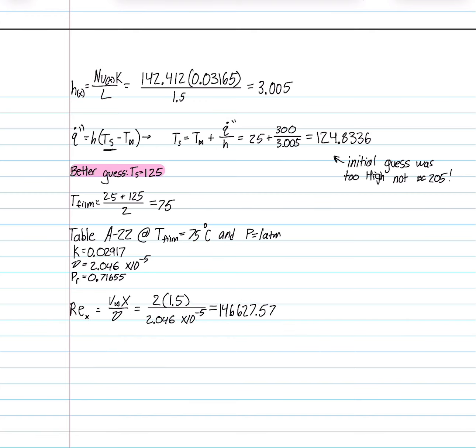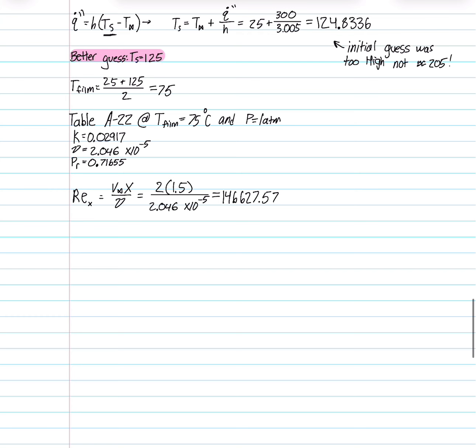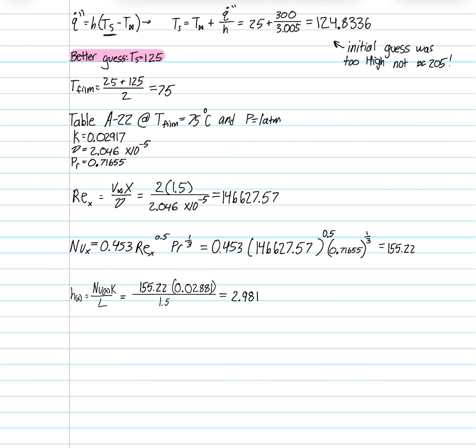So 125, and then we plug that in, and we get T-film is 75. And then we recalculate the Reynolds number at the edge of the plate using the new value at this different T-film for V, which is 2.046 times 10 to the negative 5. And then we plug that into the same equation for Nusselt number.